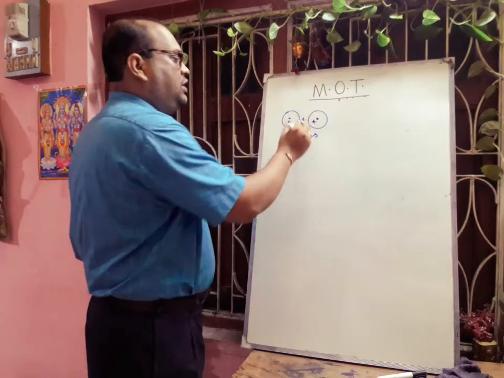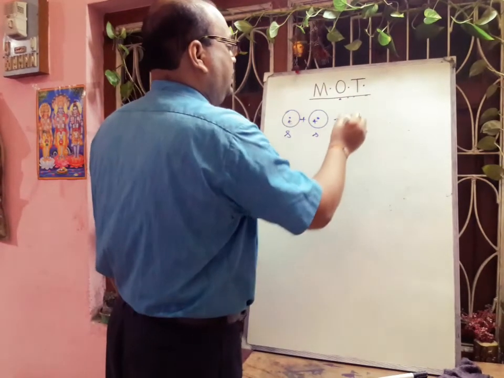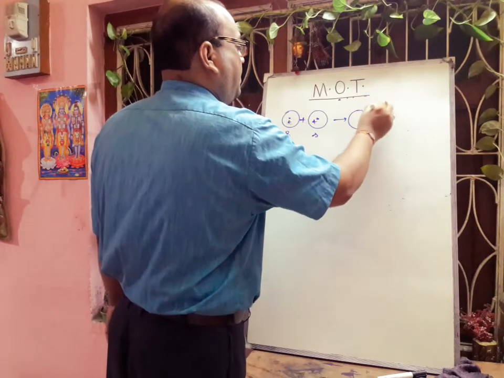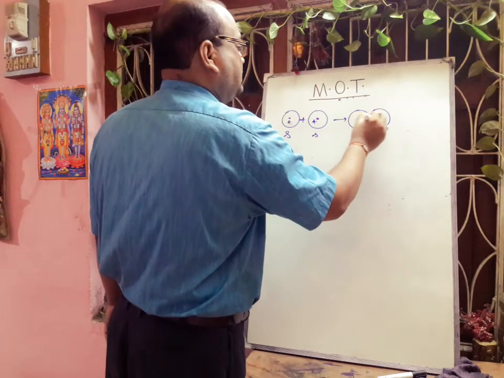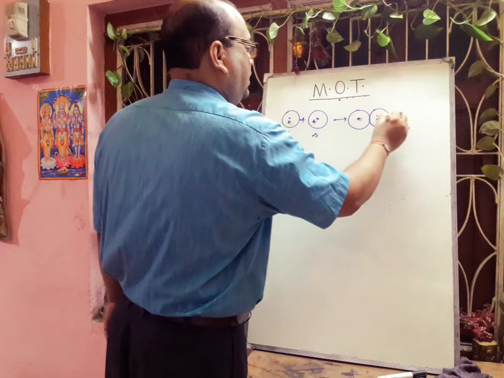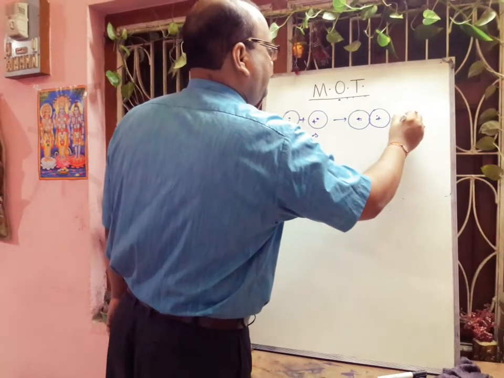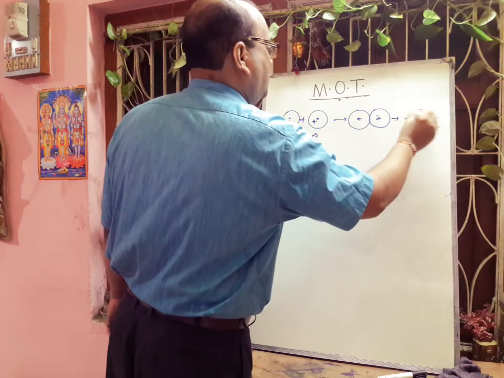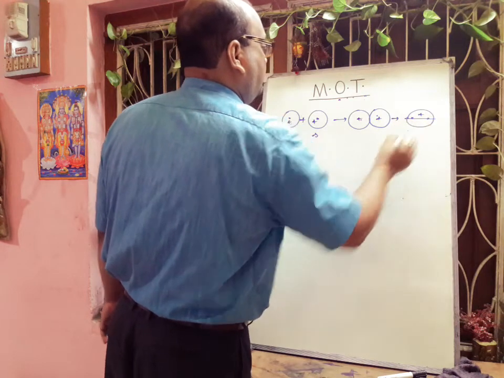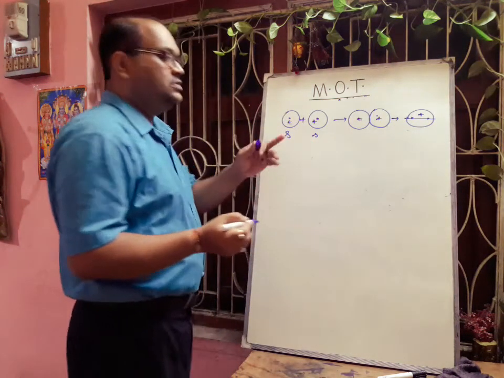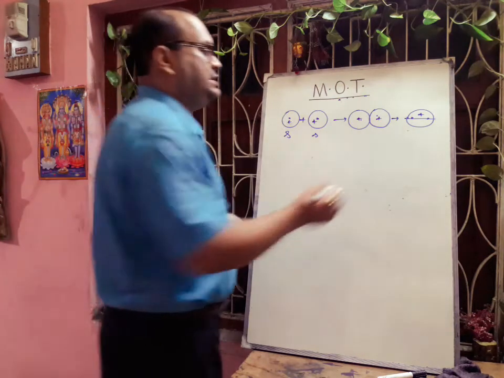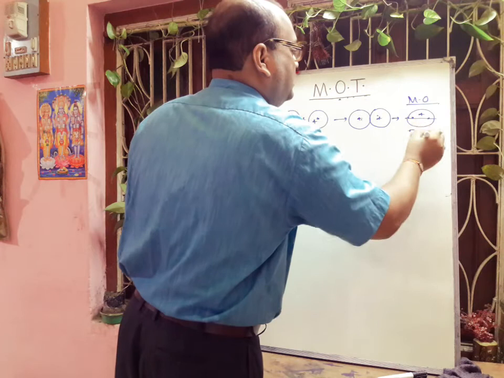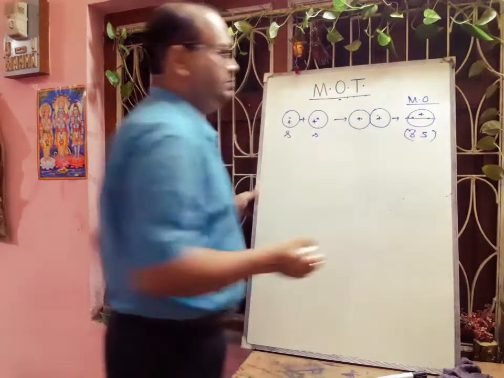So when these two combine, plus and plus combine, and finally we will get a structure like this, plus. So this is the sigma S molecular orbital. These are the molecular orbitals, this sigma S molecular orbital. Hope you can understand.